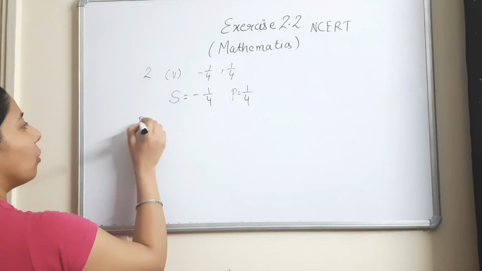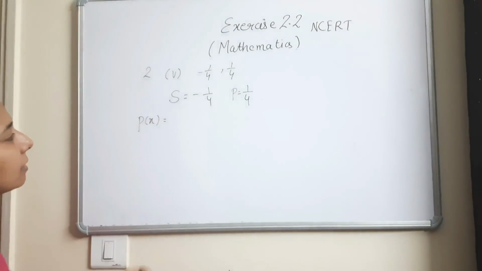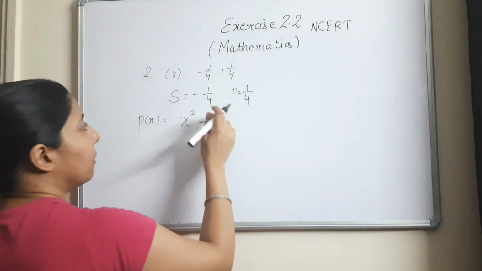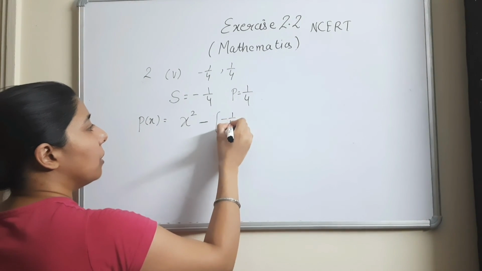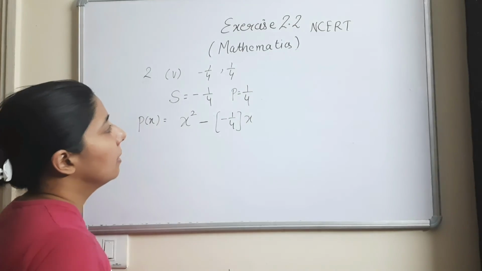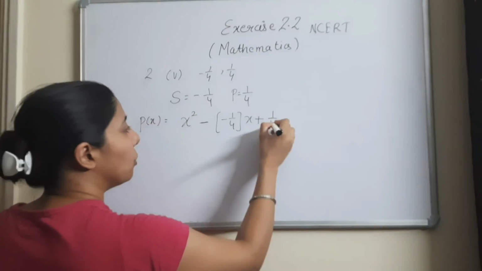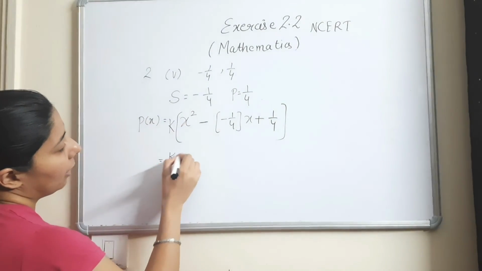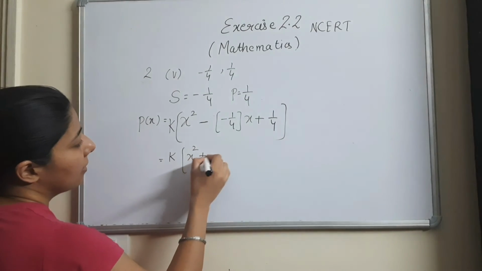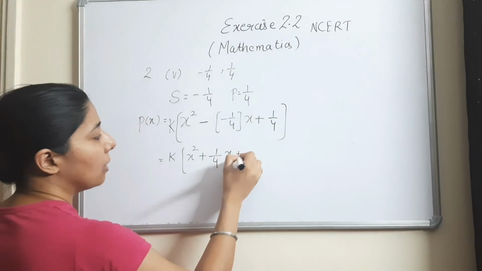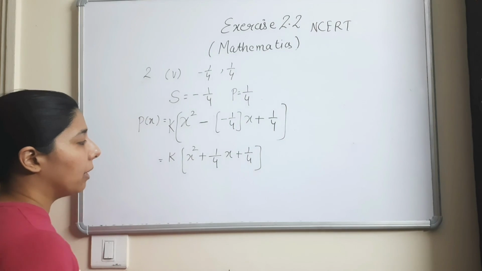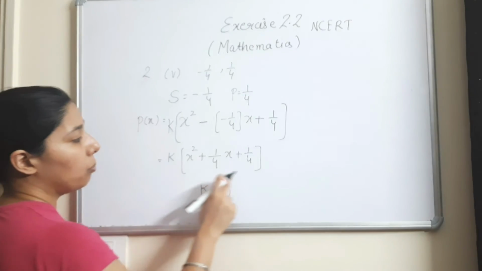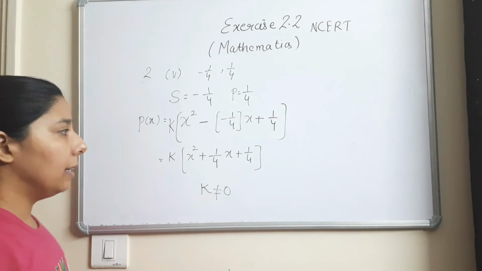So for writing the polynomial px, first of all write x square, then put a minus sign, then write whatever sum is given to you and write down x, then plus whatever product is given to you and put them in brackets, write down k outside. It can also be written as x square plus 1 by 4 x plus 1 by 4, and don't forget to write k not equal to 0, because if k is equal to 0, the whole polynomial will become 0 and it makes no sense.